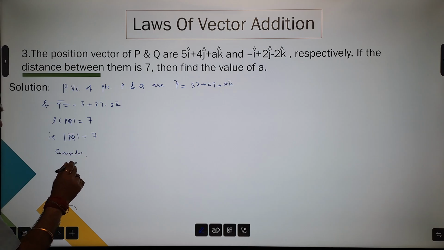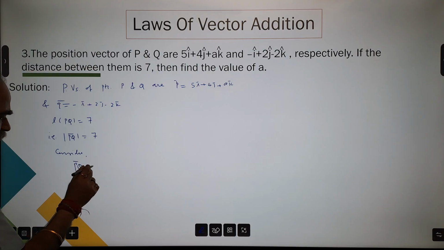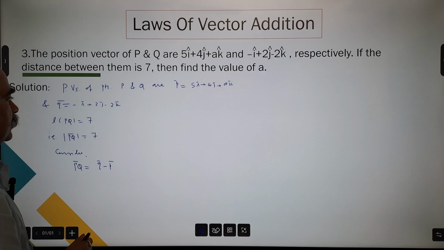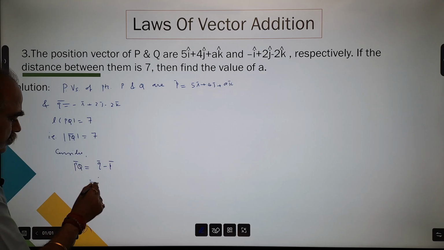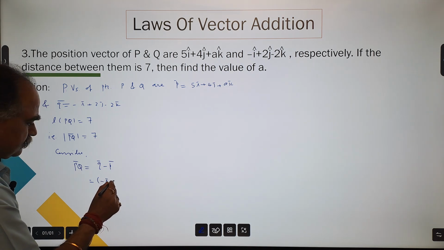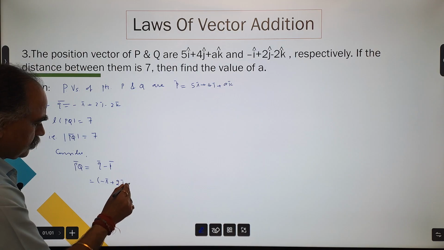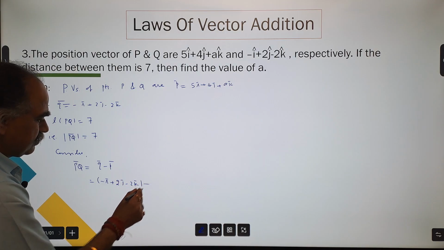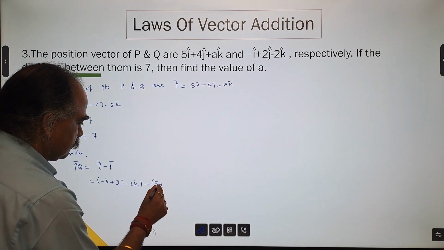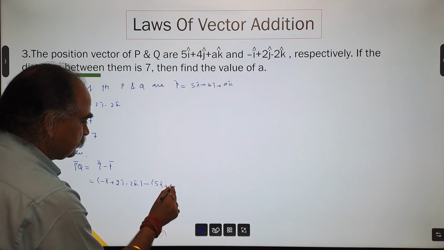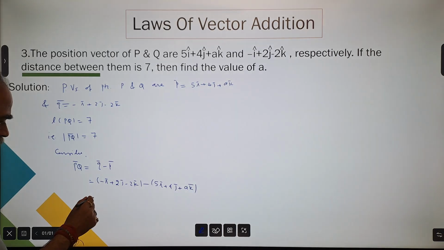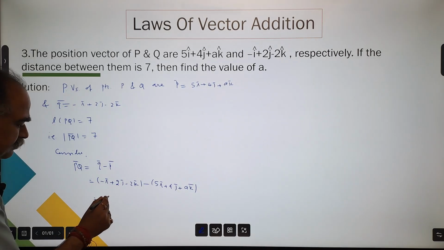Consider PQ bar, which is Q bar minus P bar, and Q bar is minus i plus 2j minus 2k minus P bar, which is 5i plus 4j plus ak bar. Minus i minus 5i is minus 6i.